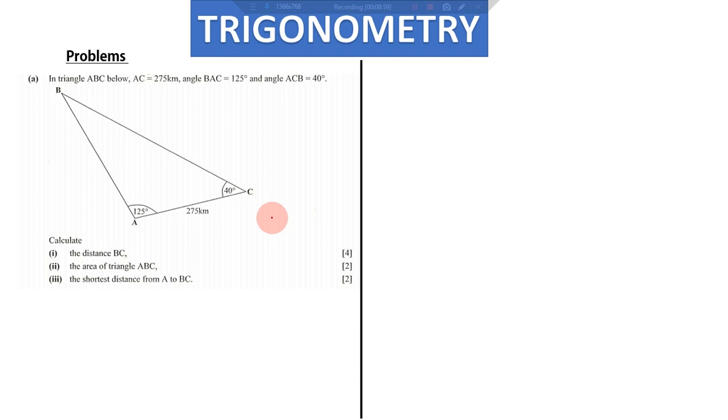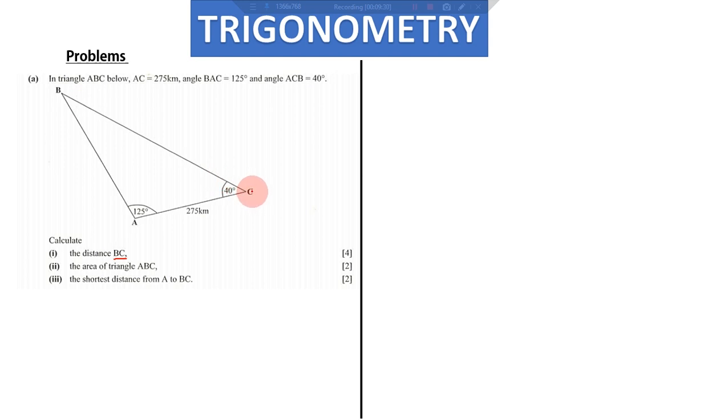The question reads: in a triangle ABC below, AC is equal to 275 kilometers, angle BAC is equal to 125 degrees, and angle ACB is equal to 40 degrees. Calculate the distance BC. When we say distance, look at BC. BC is a side on this triangle, a side on triangle ABC.